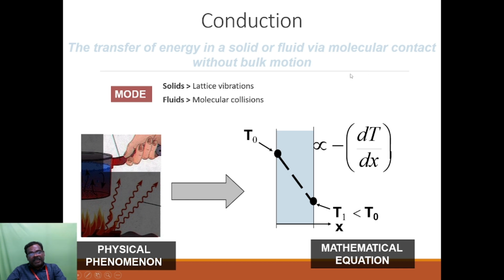In conduction, heat is transferred by the movement of molecules, or by electron movements. If you are heating this particular area, the electrons in this area vibrate and collide with the next molecule.